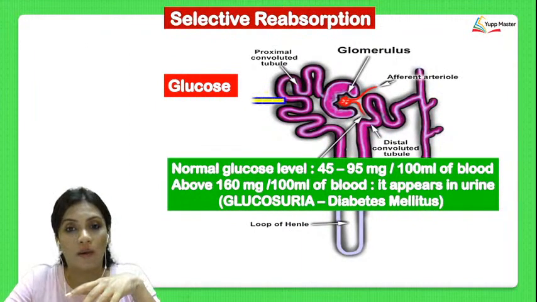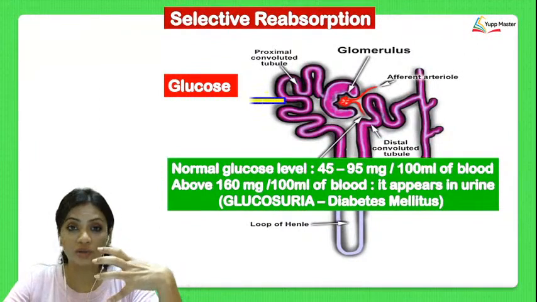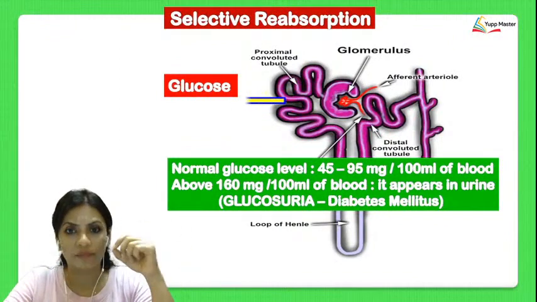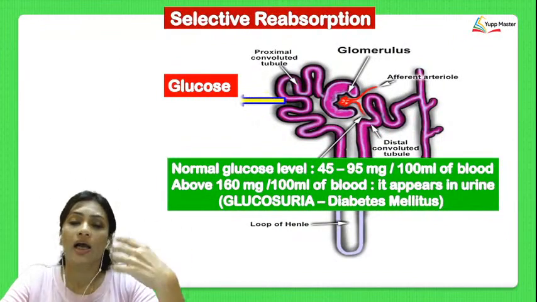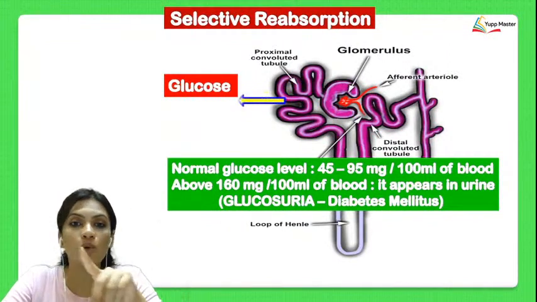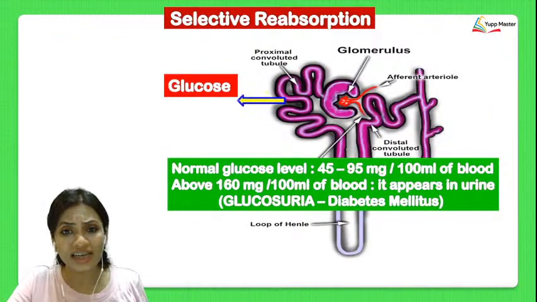Okay. Now, let's say this person has a very high amount of glucose in the filtrate. So blood will say, it's okay, come, let me take more glucose, because blood doesn't want glucose to be lost through urine. So how much more glucose will blood take?